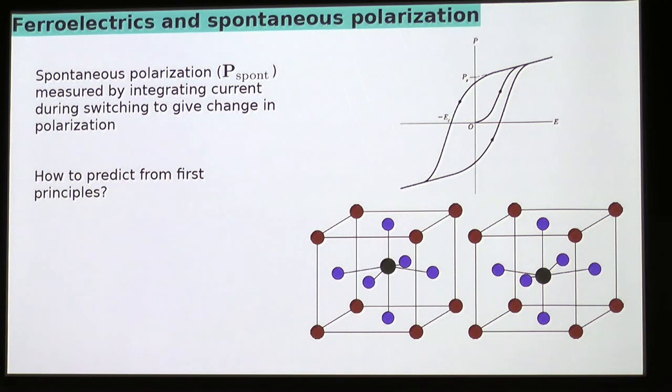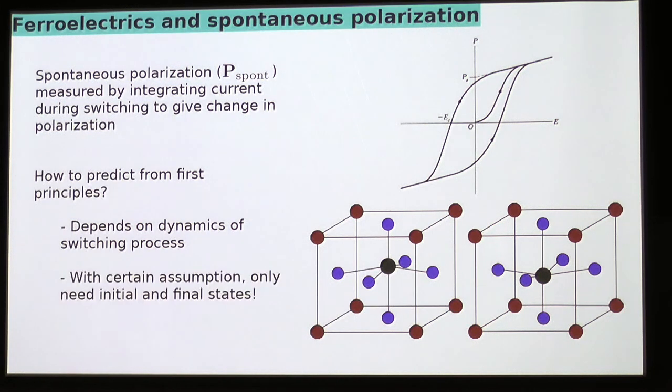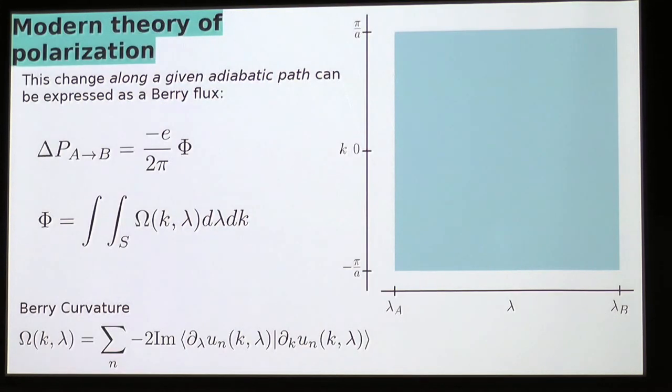So how do we predict this now from first principles? In general, it depends on the dynamics of the switching process, what happens in between these two up and down states. But with certain assumptions, I'm going to claim that we only need the initial and final states for most ferroelectrics. So first I'm going to do a little bit of background.